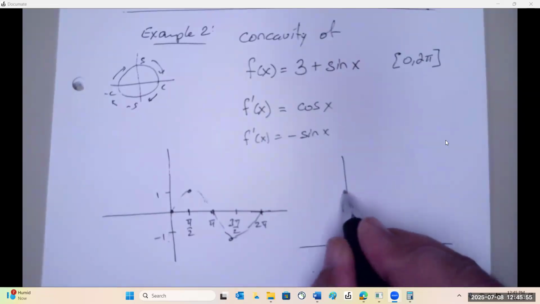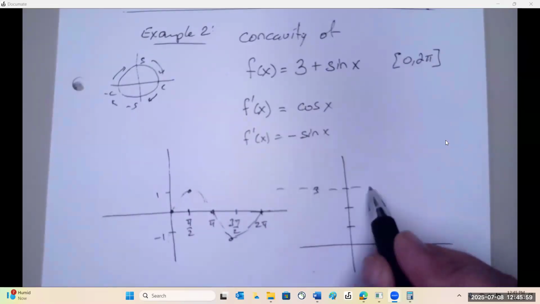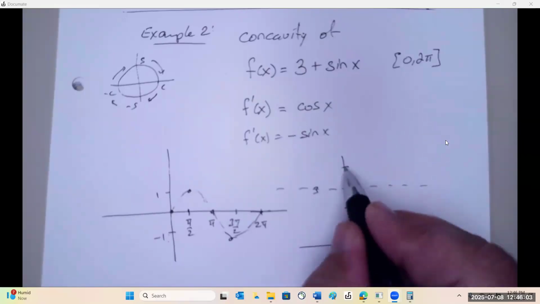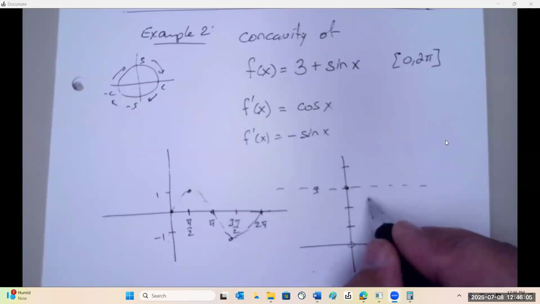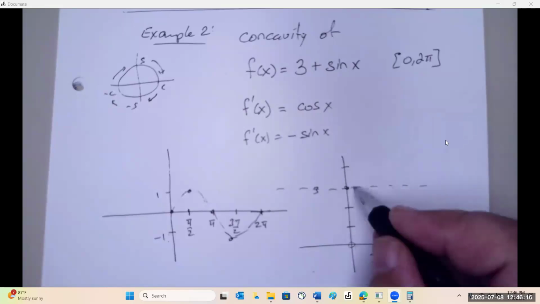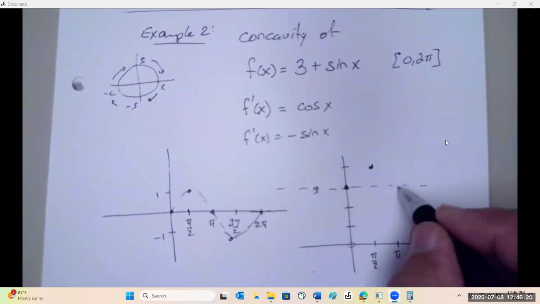So this is going to be my new origin. I go up 3 spaces. So my graph at pi over 2, pi, 3 pi over 2, and 2 pi will simply be shifted up. So it's here, here.